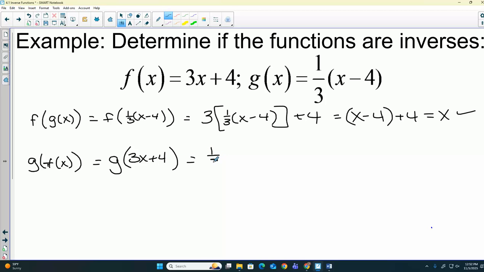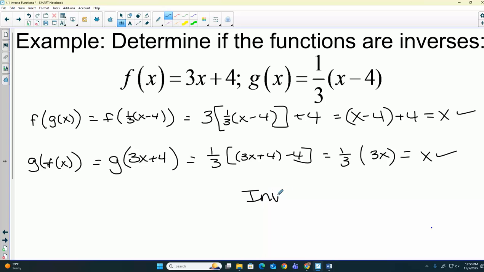So I'm going to function g, and I'm replacing this x with 3x plus 4. All right, so different places you could start, but if I just work on the inside, 3x plus 4 minus 4 just gives me 3x, and 1/3 times 3x is x.